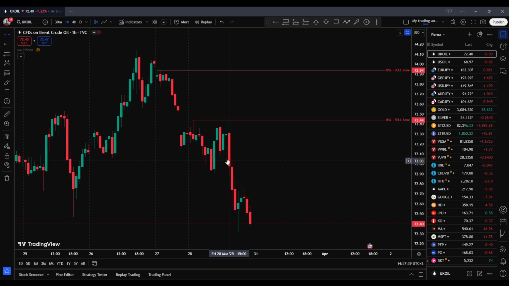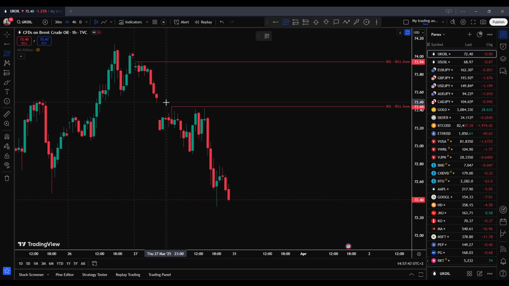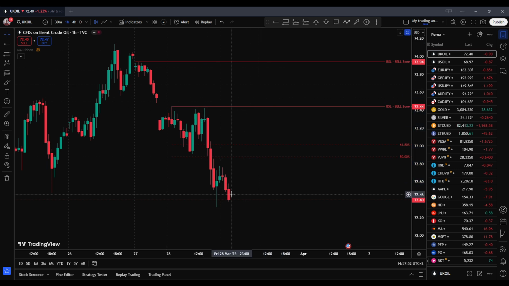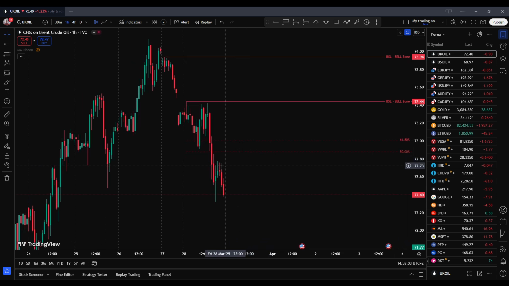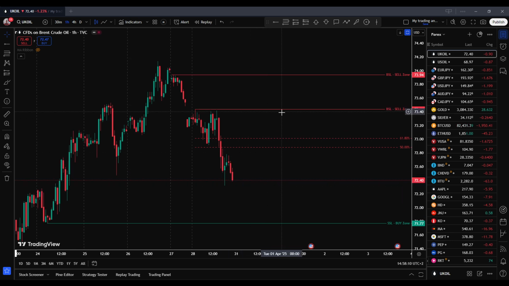And from the Friday daily bar I will use the Fibonacci retracement, bullish Fibonacci, bearish Fibonacci, prices under the 50 and 61.8 zone, so it is valid. And I will be waiting for price to reach one of these zones in Monday in the trading session.